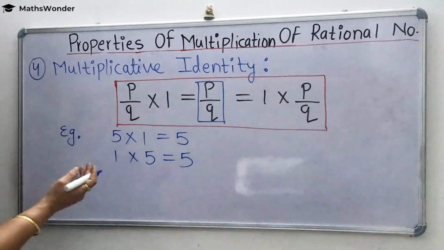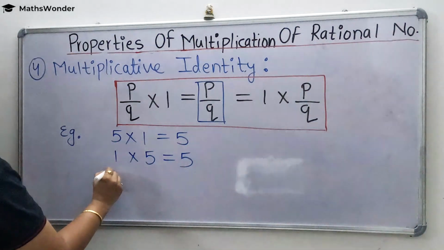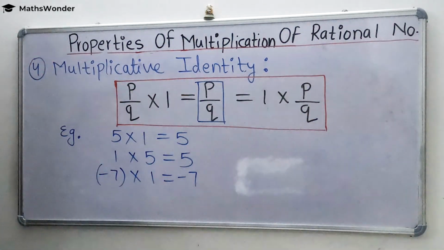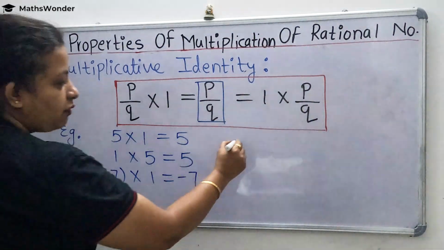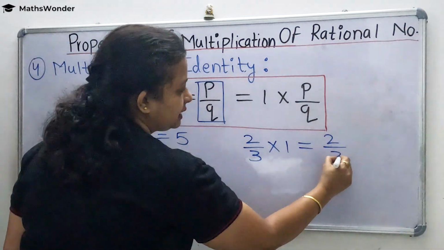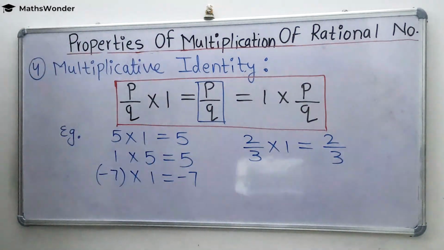Now take the integers. Negative 7 times 1 will give negative 7. Now come to the rational number example. 2 over 3 times 1 will give 2 over 3, the same rational number. So 1 is called the multiplicative identity for rational numbers.